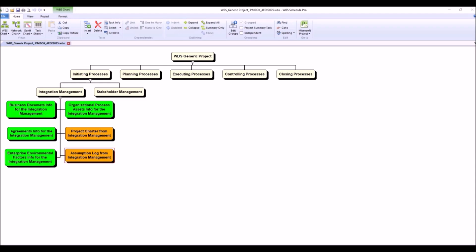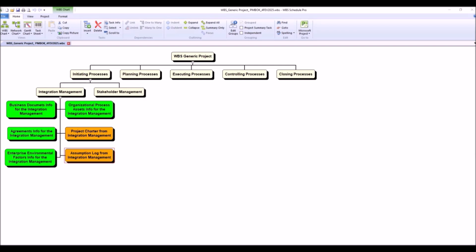The assumption log is a key output in project management, particularly during the initiating and planning processes. It is used to document all assumptions and constraints that could impact the project. In integration management, the activities to obtain the assumption log are part of the broader project initiation and planning efforts.